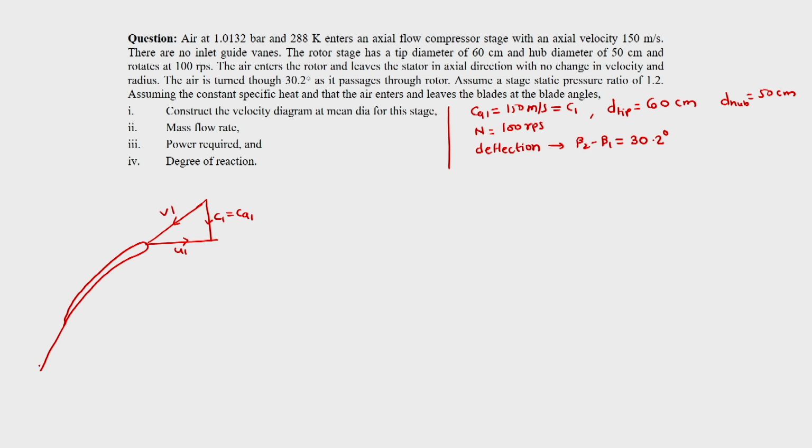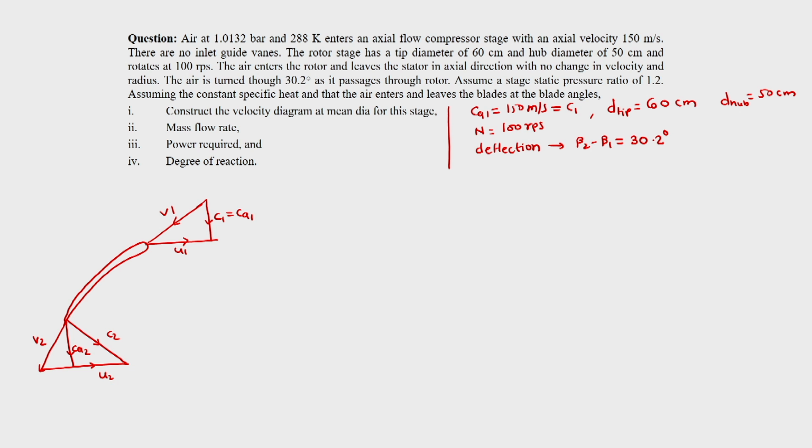Then for the outlet we have V2 and then C2 and then U2, but here we have CA2. So this is the velocity triangle for us.